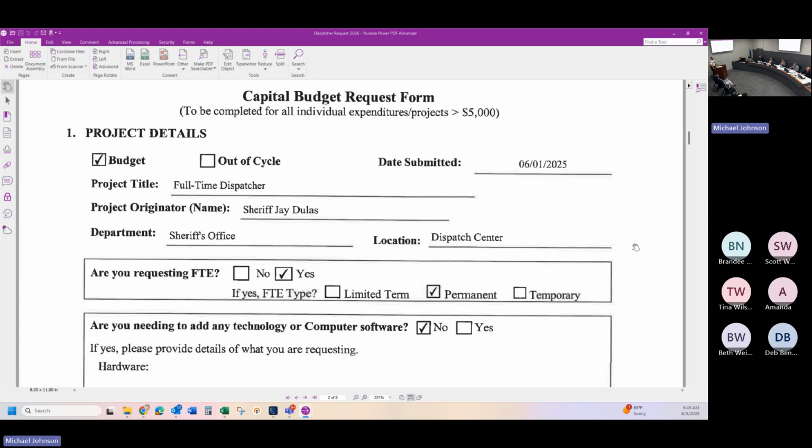And that creates much more efficiency and a better service to our citizens. And so at this time, I'm not in favor of regionalizing any dispatch with Waseca County.